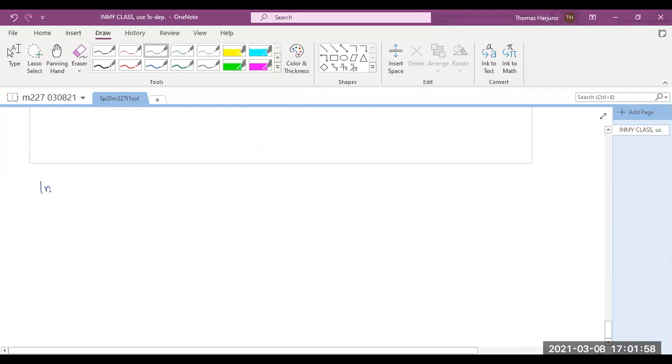In my class, usual interval is defined to be the interval within twice standard deviation of the mean.